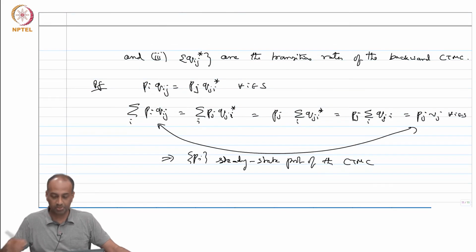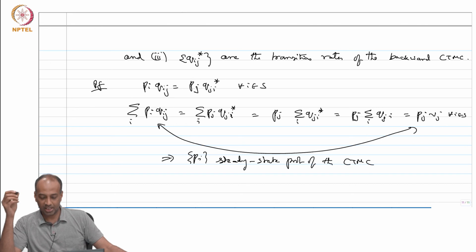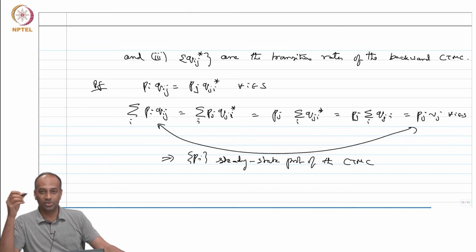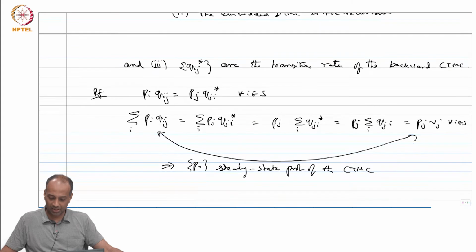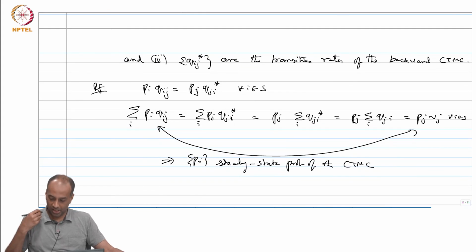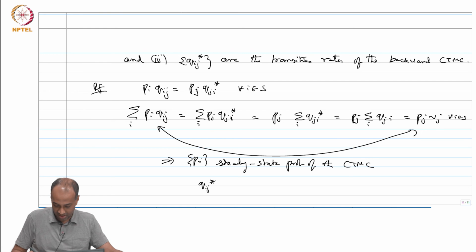Now, these Pi's are all strictly positive and sum over Pi nu i is finite. So, I can get strictly positive pi i's from these Pi's, which implies that the embedded DTMC is positive recurrent.